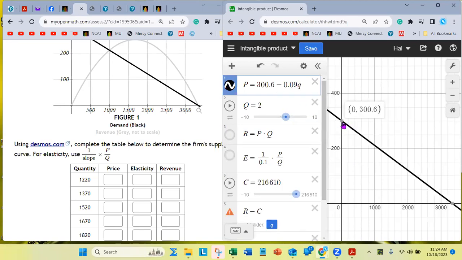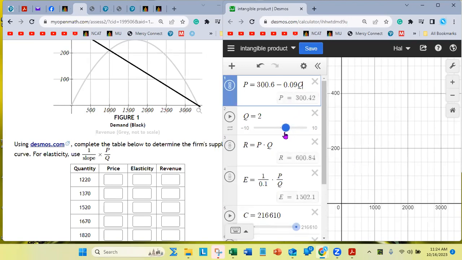So we're at Q equal to 2 somewhere in here. It's going to be pretty close to this point here, where price is $300.42, the revenue is $600.84, and the elasticity is going to be massive, right?